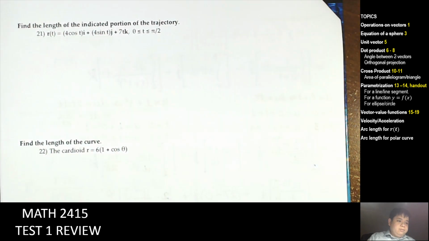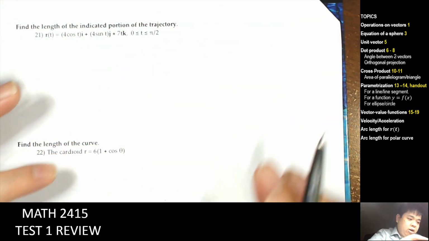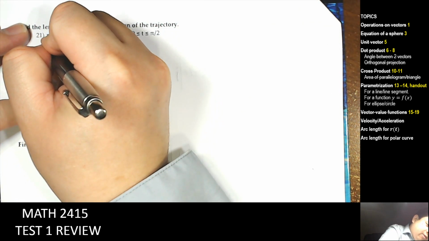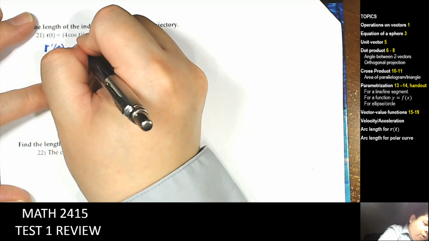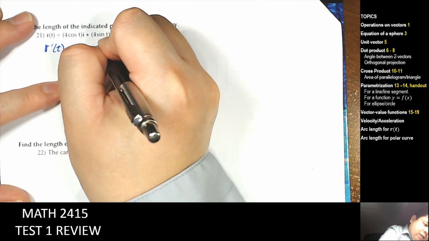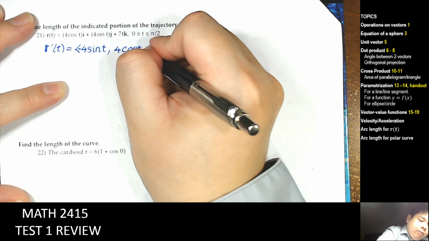21. Find the length of the portion of the curve. Alright, so we have that. Again, we find the derivative, which is negative 4 sine t, 4 cosine t, and 7.